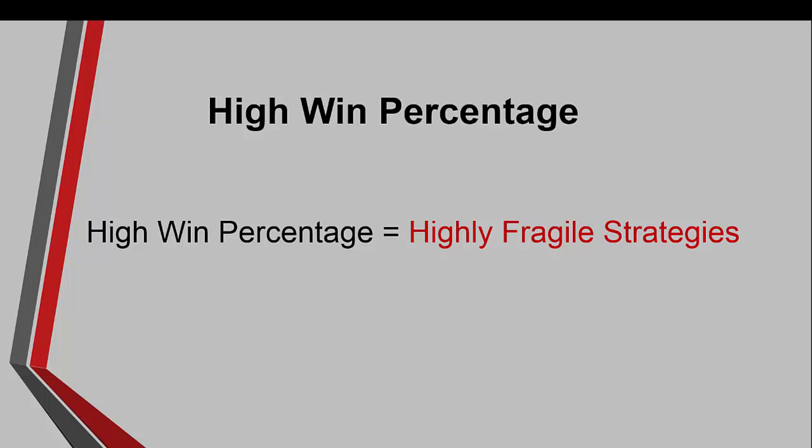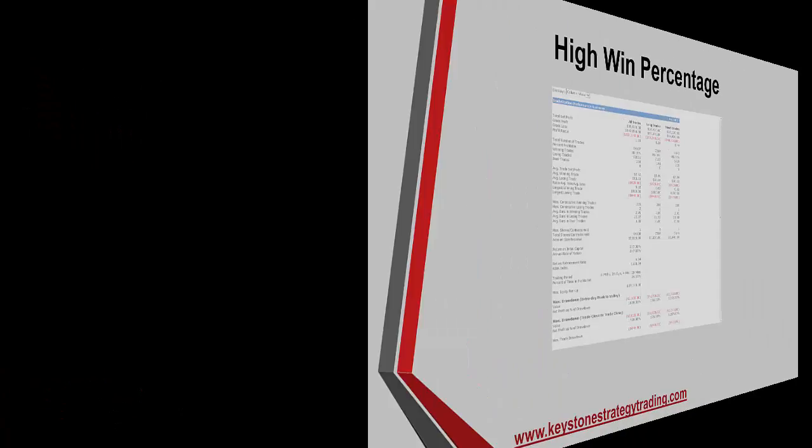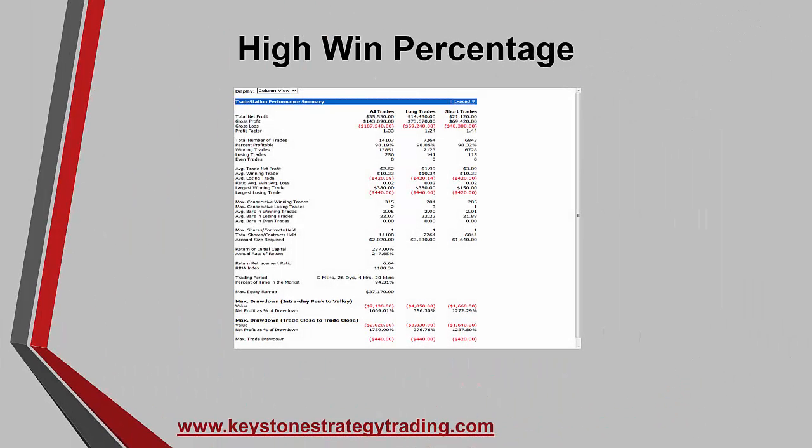So the next thing we want to look at is high win percentage strategies. So what does that really mean? Well, typically high win percentage strategies equal highly fragile strategies, or high percent winning strategies typically equal highly risky strategies. So let's take a look at an example. So I created this strategy specifically to prove a point.